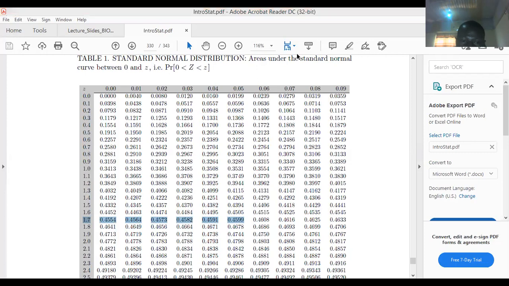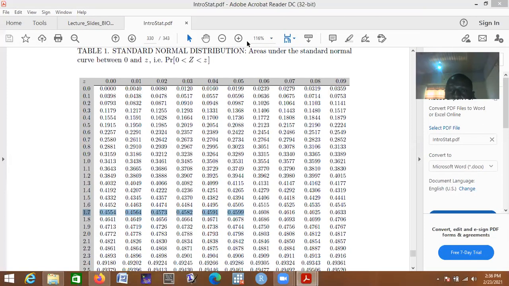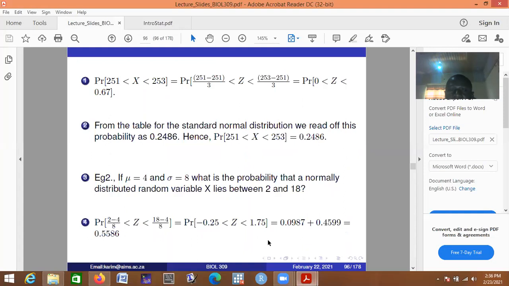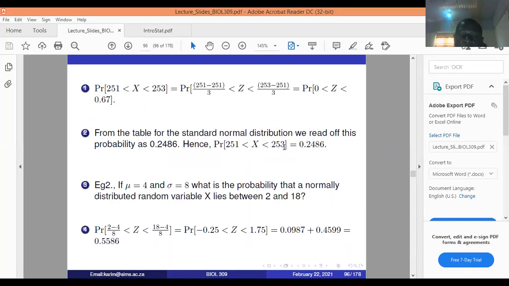Let's go back to our lecture slides. All right, so we are back to the lecture slides. Can you see the lecture slides?